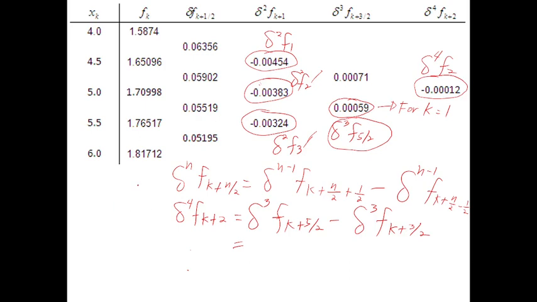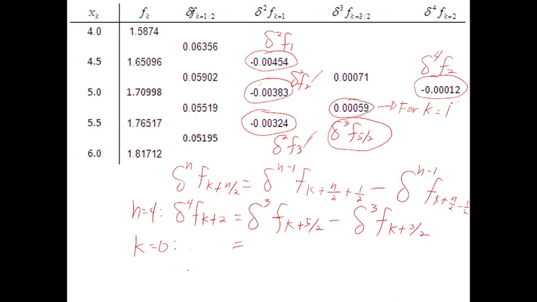No, this is for n equals to 4. For k equals 0. Okay, for k equals to 0, because this value has a value of k equals 0.